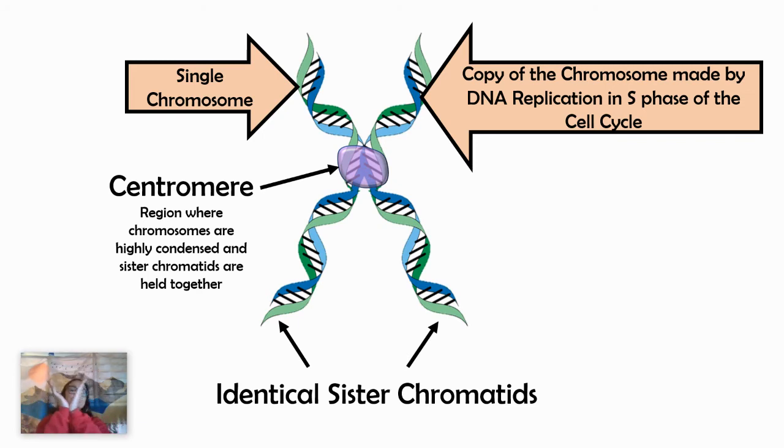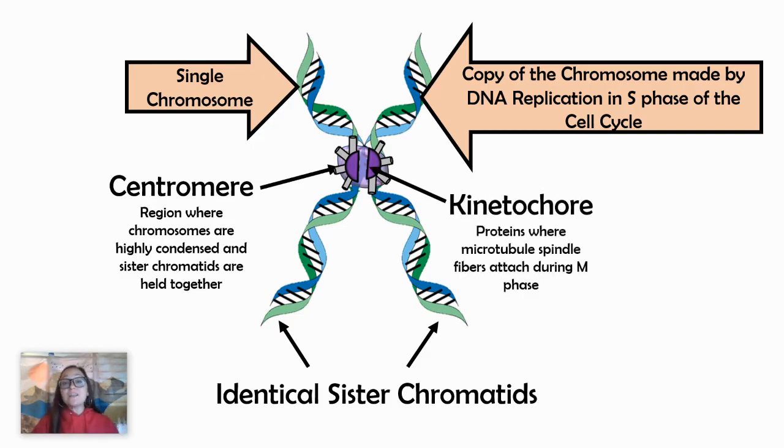So they're held together all the way until mid-M phase, when they'll eventually be separated apart. Now, in this centromere region is where we find a cluster of proteins called the kinetochore. And the kinetochore, later we're going to see spindle fibers are going to come and attach to the kinetochore, and that's how we're going to move our chromosome during mitosis or M phase.